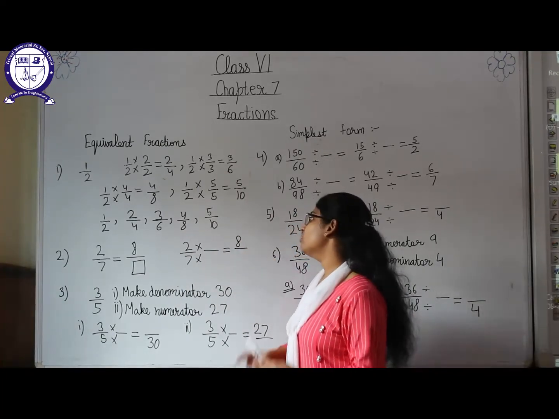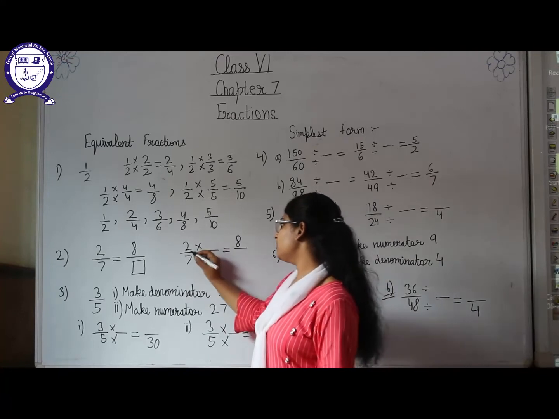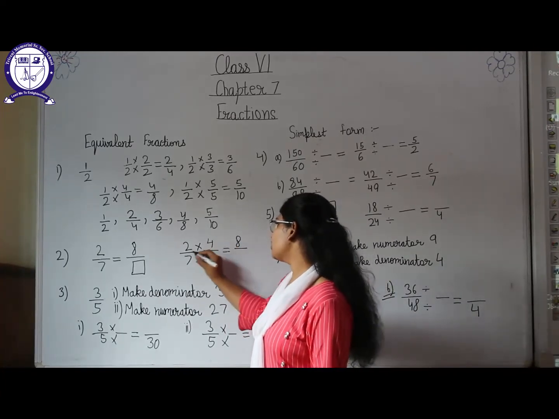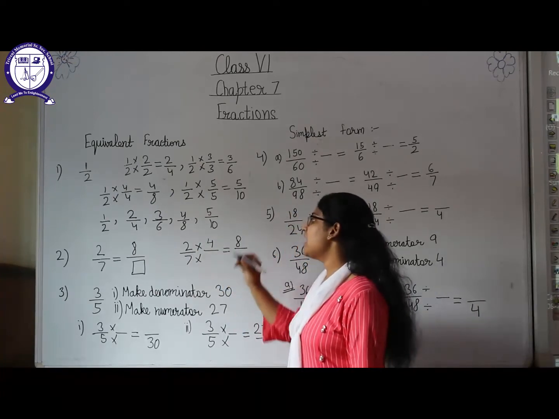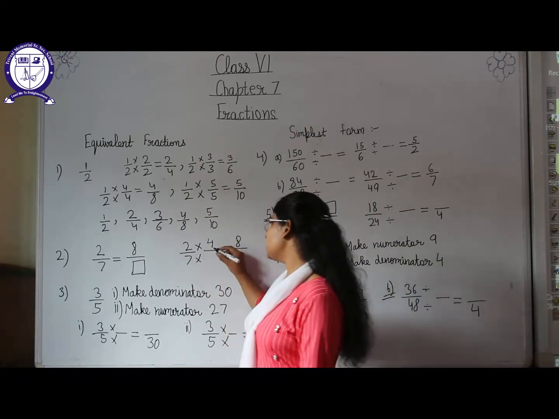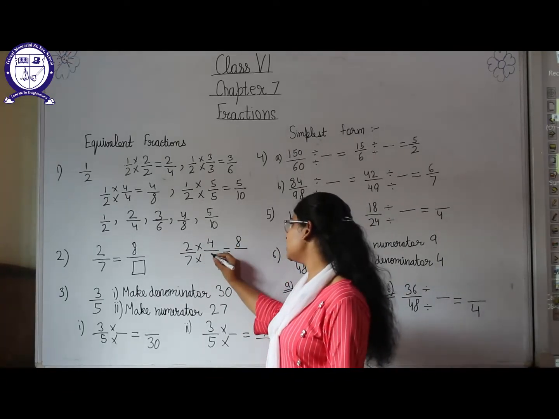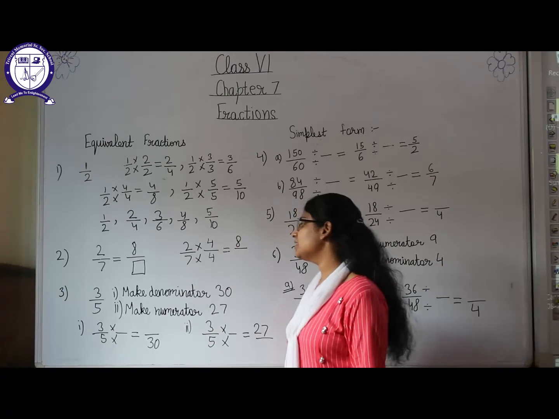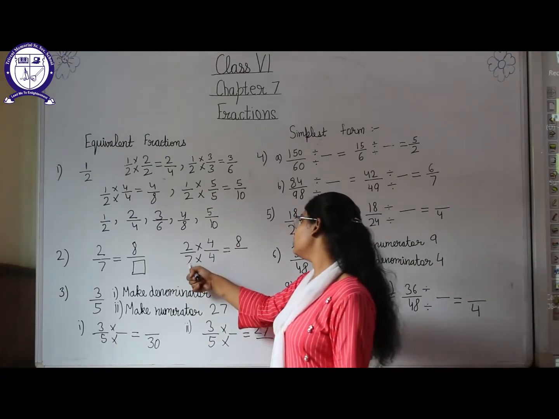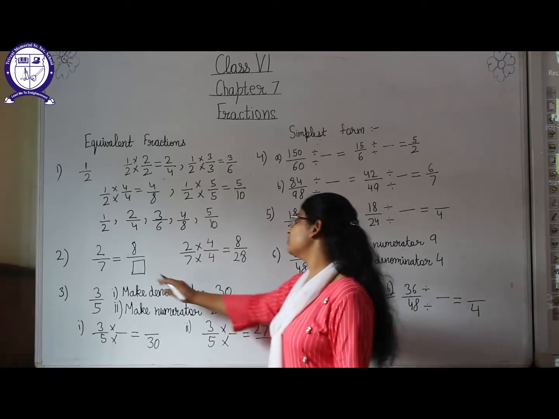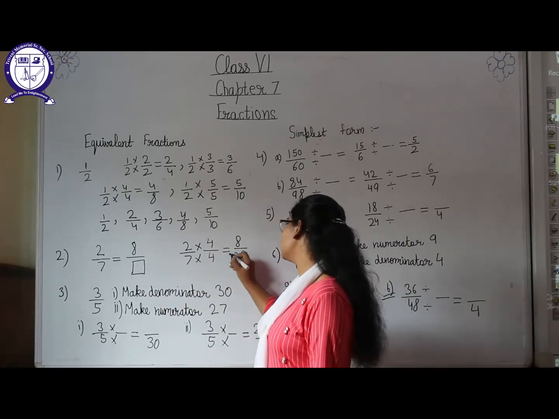So with which number will you multiply 2 so that you get 8? 4 can be multiplied because 2 times 4 is 8. And as we know that the number we are multiplying to the numerator should be multiplied with the denominator also. So here it is 4, so we will write 4 here. So 7 times 4 is 28. So the value for the box is 28.